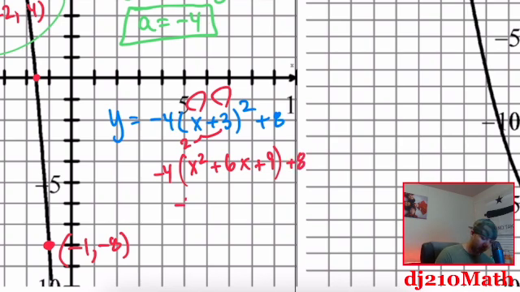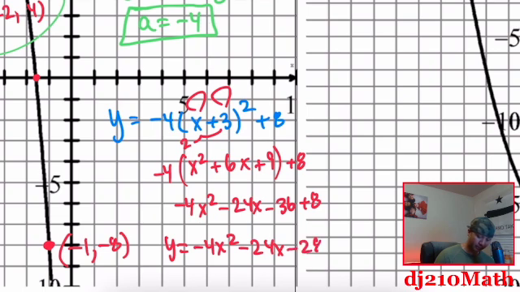So -4x squared minus 24x minus 36 plus 8. 36 plus 8, 30 minus 2, 28. So y is equal to -4x squared minus 24x minus 28.